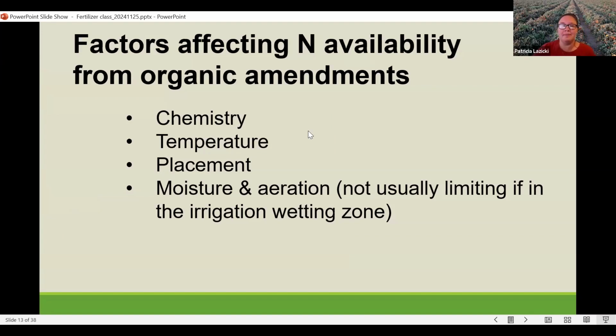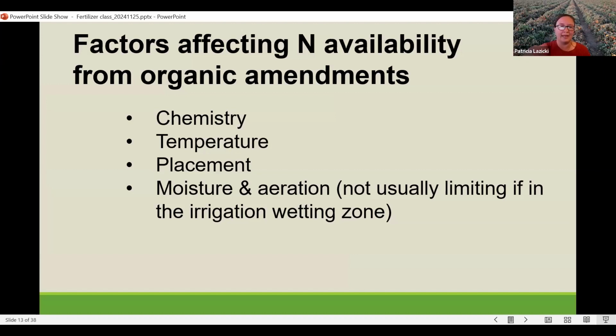So thinking about other factors that affect nitrogen availability from organic amendments, we talked a lot about chemistry, the percent nitrogen, the C to N ratio. Of course, all of these processes are being done by enzymes, so temperature is going to be important.